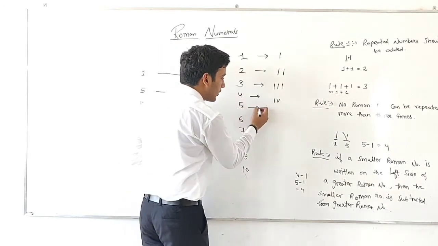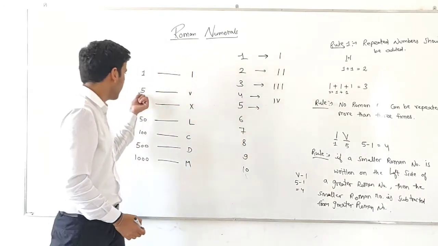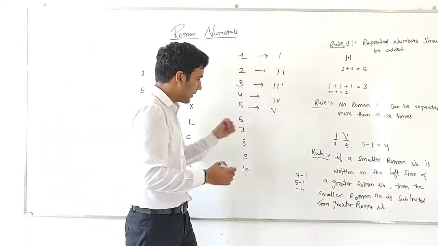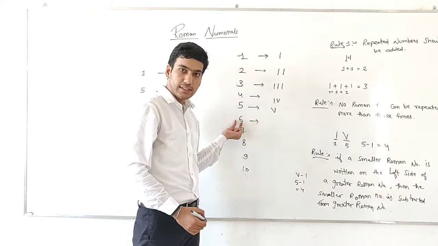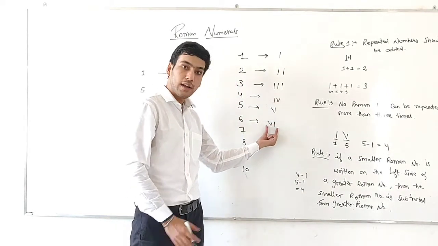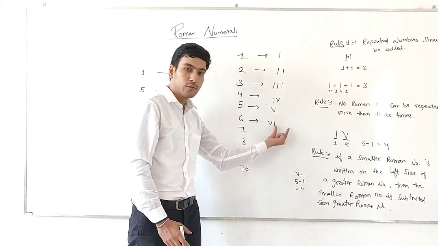Next, what is the Roman symbol for 5? You know, V. So the Roman symbol for 5 is V. Next, the Roman symbol for 6.